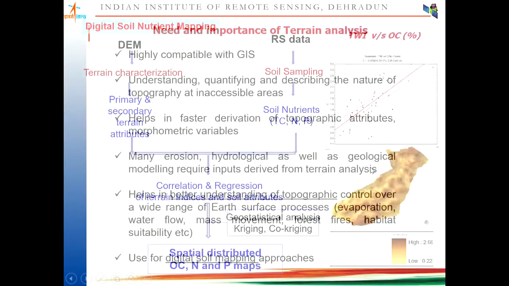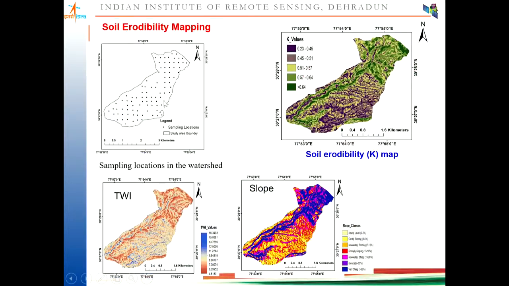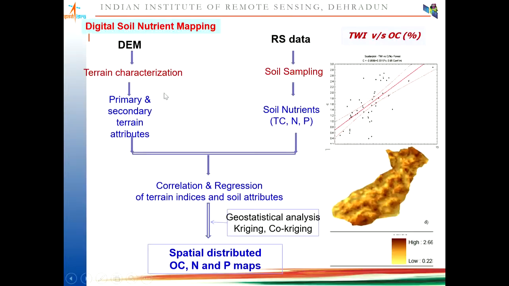Another advantage of the digital terrain model is this: for example, you have taken soil samples on a grid and analyzed the soil carbon of each point, and then we can generate the soil carbon distribution map. Here you see we have used the digital elevation model and terrain characterization, and we generated the slope map, the terrain wetness map, and the soil samplings.